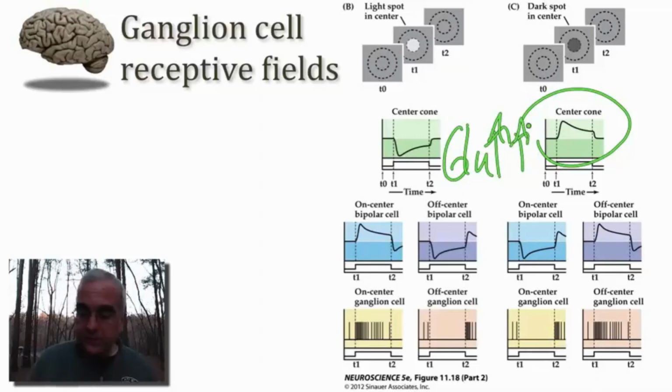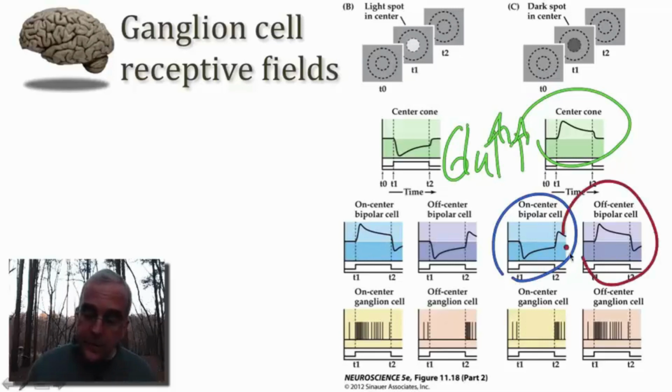So with an increase in synaptic glutamate, the on-center bipolar cell is going to hyperpolarize due to the activity of the metabotropic receptor system, whereas the off-center bipolar cell is going to depolarize because glutamate's activating its AMPA receptors. And as a consequence, the off-center cell is going to fire a barrage of action potentials with this decrease in light level of the center. Meanwhile, the on-center cell is going to be suppressed.